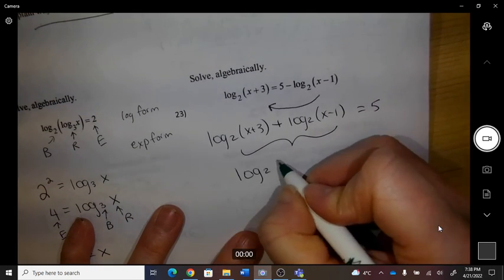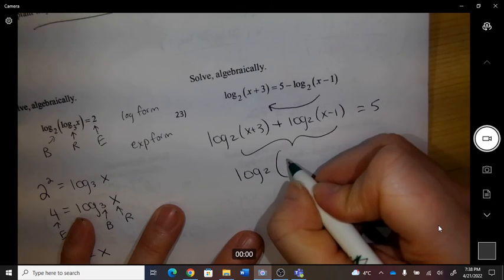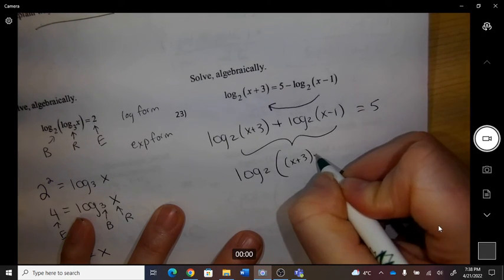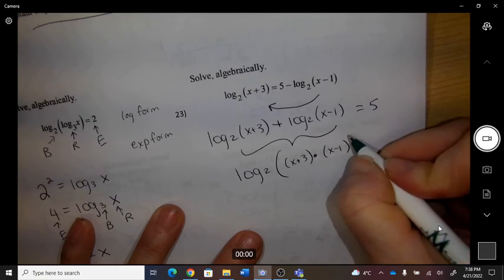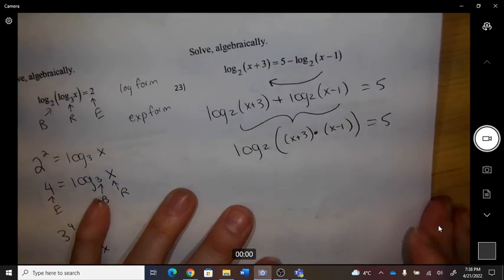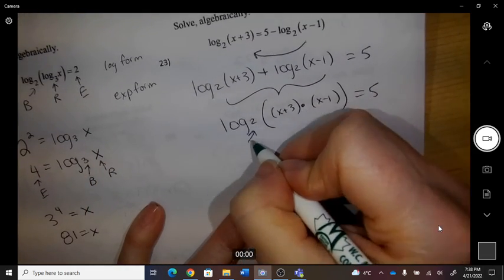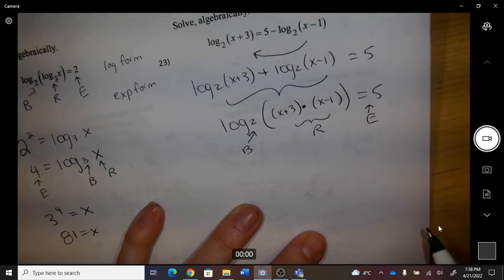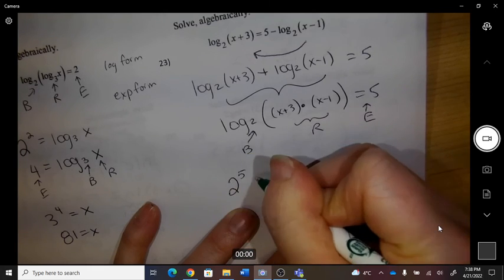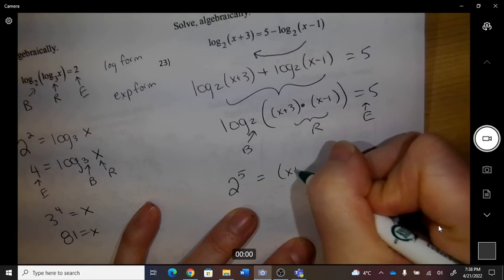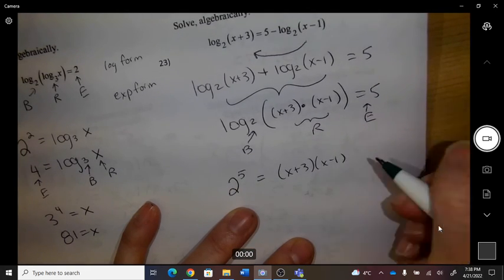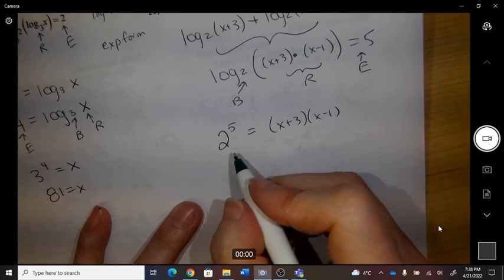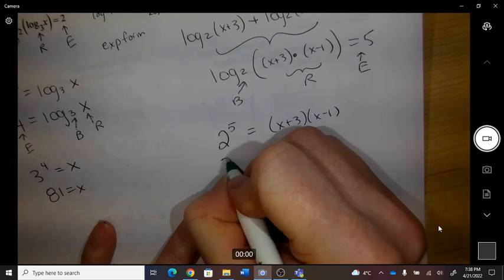So log 2 of, since this is add, those would get multiplied. So now this is base result exponent. I'm going to move that around. So 2 to the 5th equals this. So 2 to the 5th is 32.